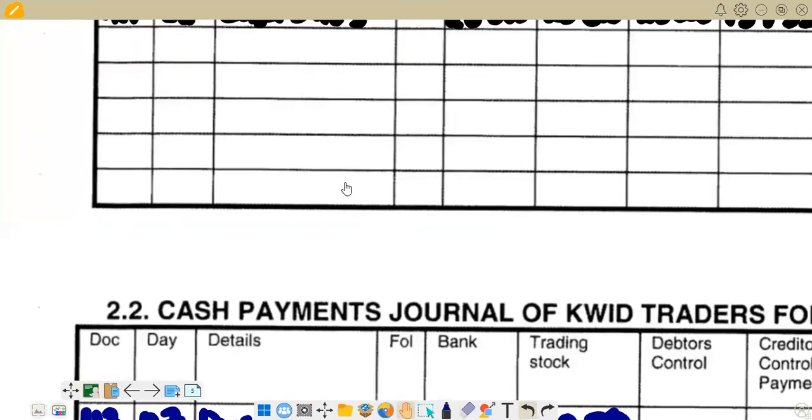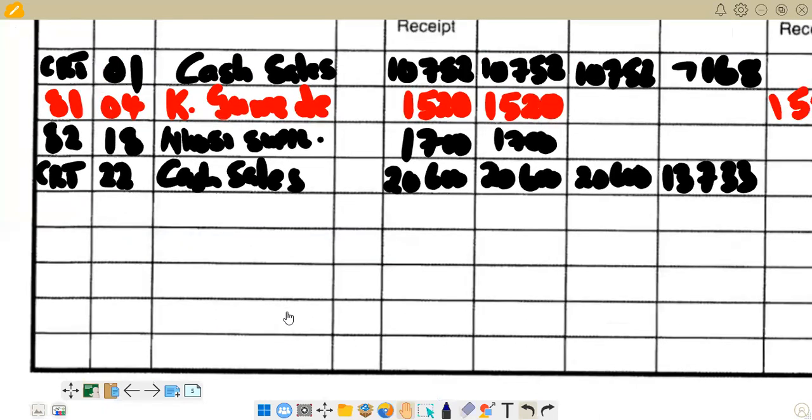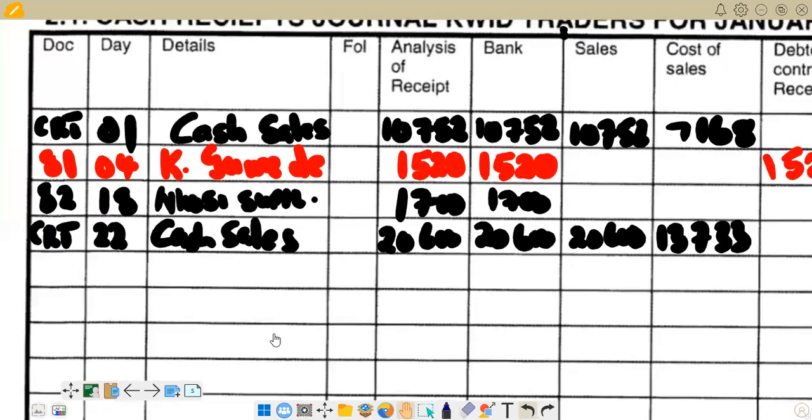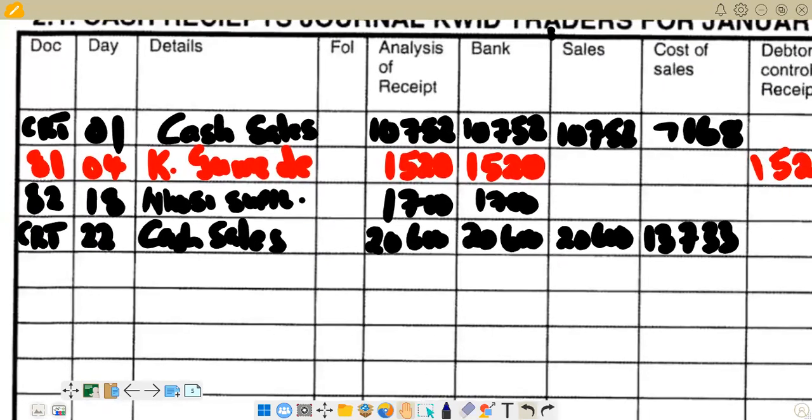And this is under the cash receipts journal. So this is our cash receipts journal. This is 300, happening on the 28th.